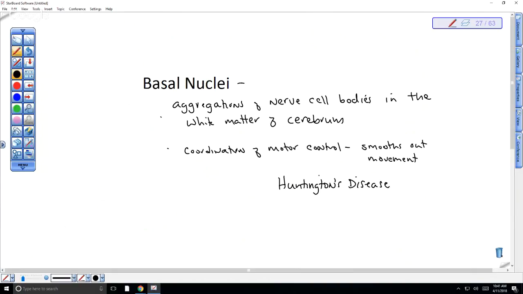And it is lethal. It is a terminal disease, and it causes a breakdown of the motor coordination, right? So people have a hard time walking, they have a hard time moving. Pretty soon they can't do anything but sit, and then they die. So that tends to be associated with these basal nuclei and the degeneration of the basal nuclei.